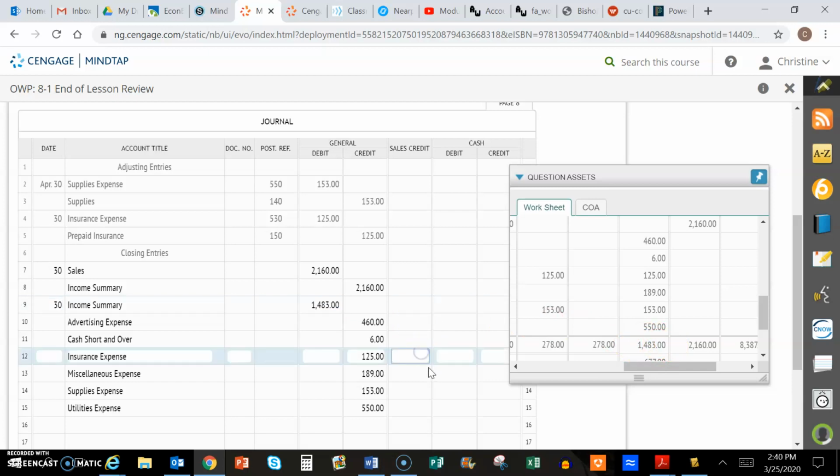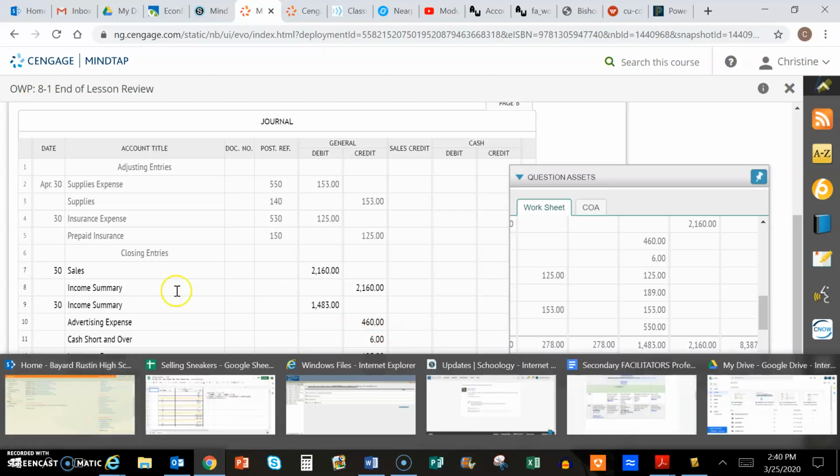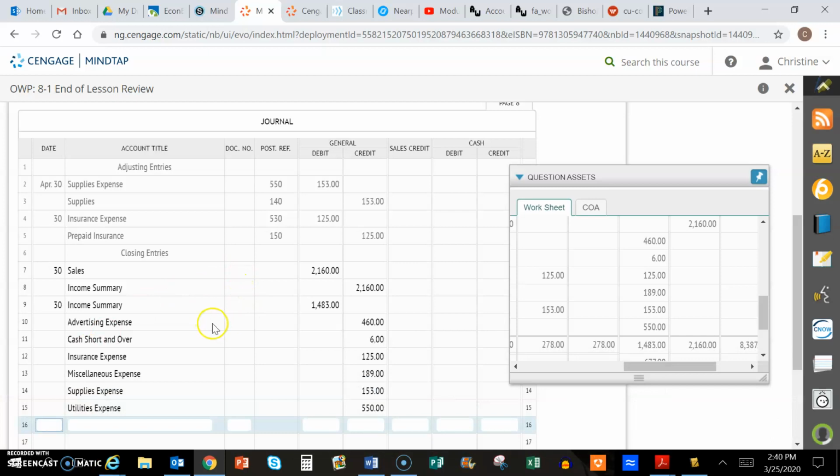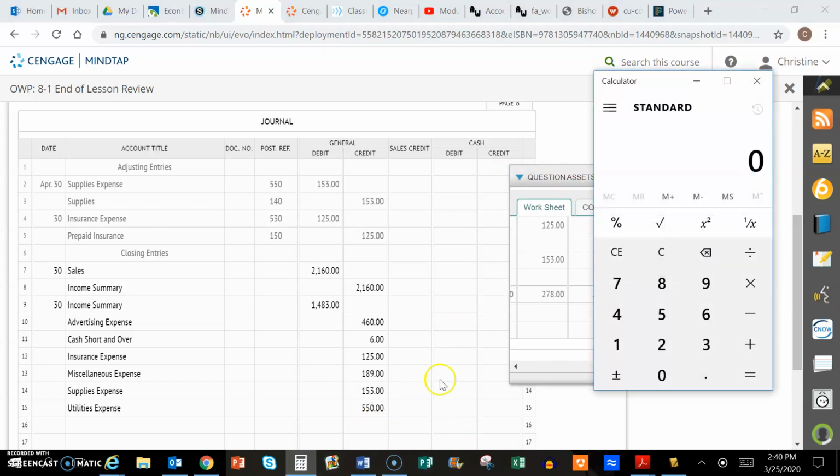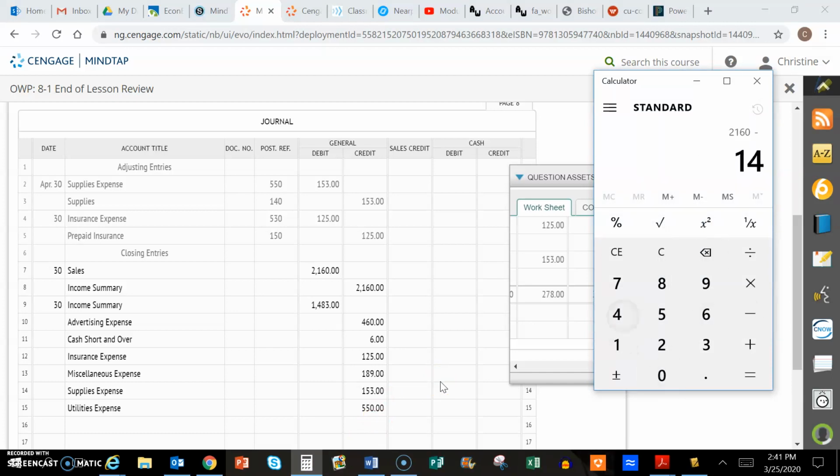That's transaction number 2. Okay, so this first one closed out anything with a credit balance. The second one closed out anything with a debit balance. The third one is to close out your income summary and record your net income or net loss. If we were to do the math, we would look at income summary, and we would say 2160 minus 1483 equals 677.